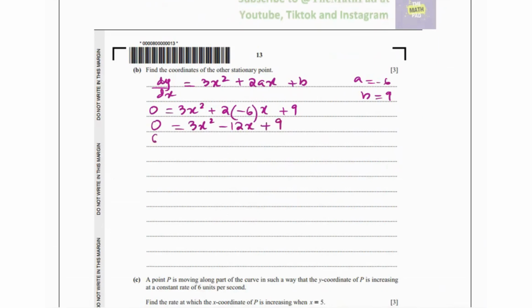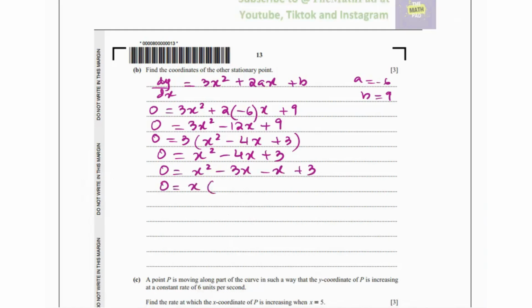Now we factorize this. We can take 3 common, or even leave it as it is and factorize it. So that's x squared minus 3x minus x plus 3. x(x minus 3) minus 1(x minus 3). So (x minus 3)(x minus 1). x is equal to 3, x is equal to 1.